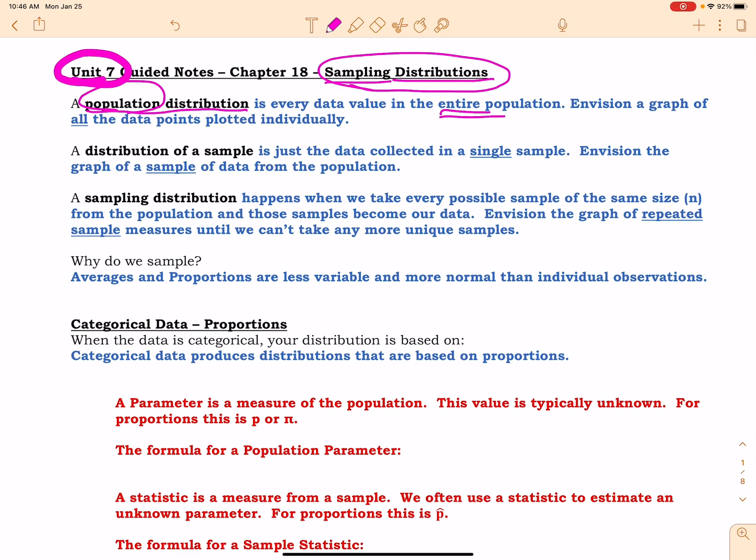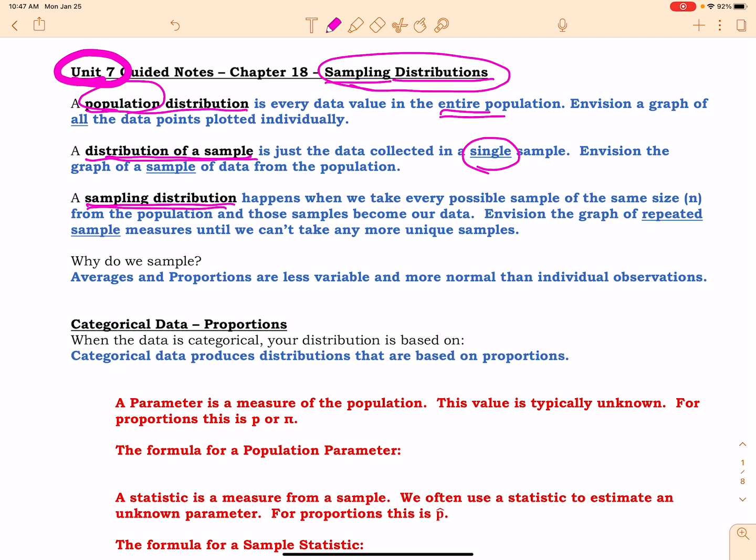Now let's talk about a distribution of a sample. All this is, it's just data that we collect in a single sample. So you're just going to envision a graph of just a sample from the population. Now that is different than a sampling distribution. Notice the use of the words here: distribution of a sample versus a sampling distribution.